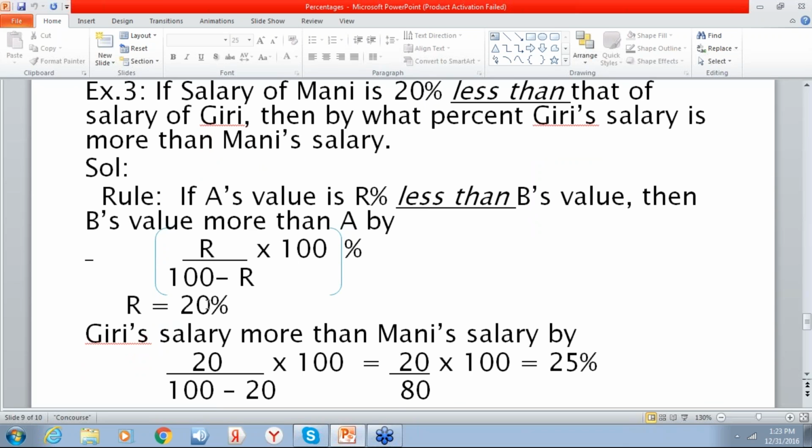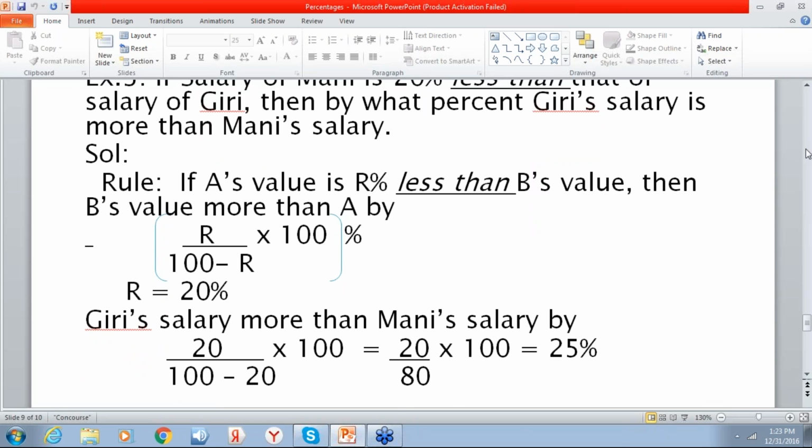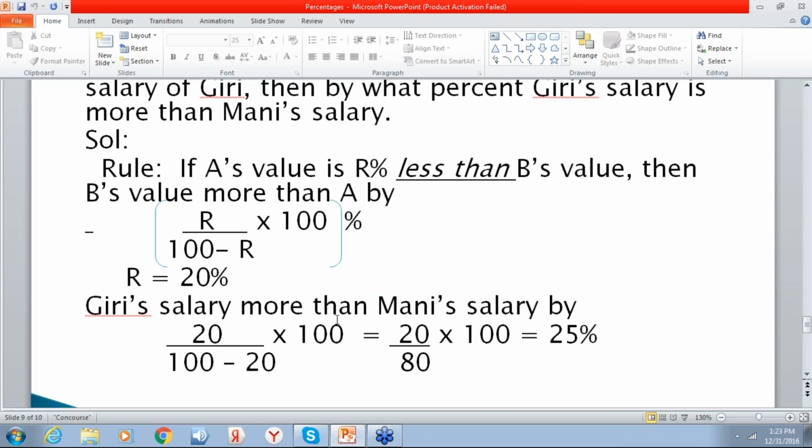Here R is equal to 20%, so Giri's salary is more than Mani's by 20 by 100 minus 20 into 100, that gives you 20 by 80, which is 1 by 4. The fraction 1 by 4 is equal to 25%.